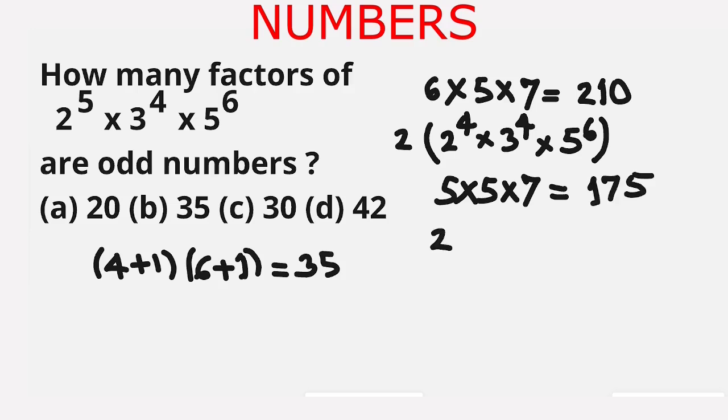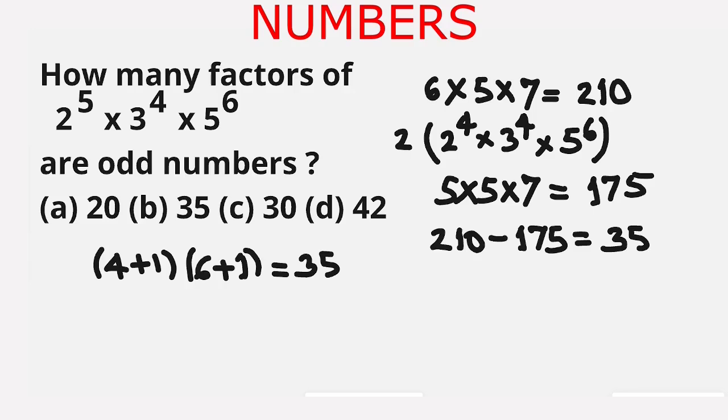The total number of factors is 210. The factors which are even numbers are 175. So if we subtract 175 from 210, that is 210 minus 175, it is 35. So this is the number of odd number factors of the given number.